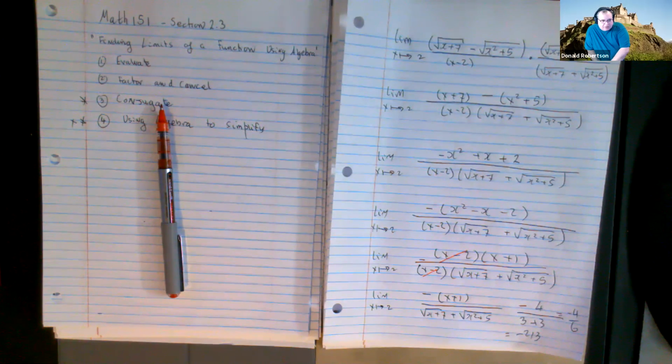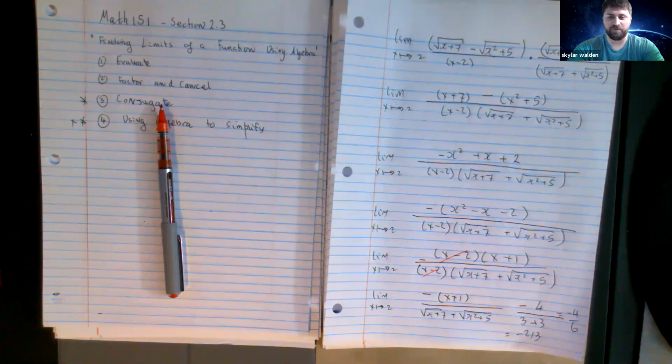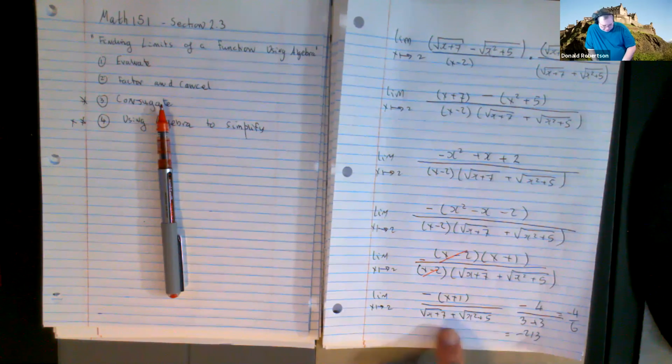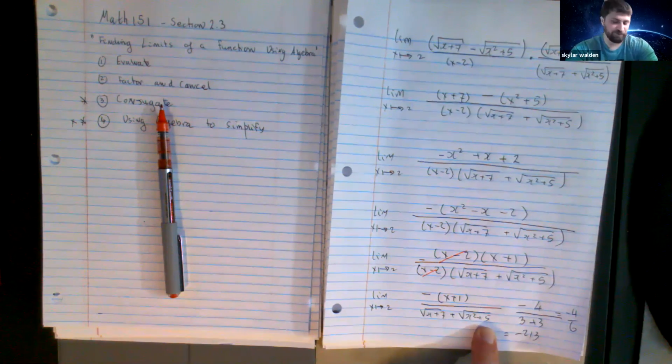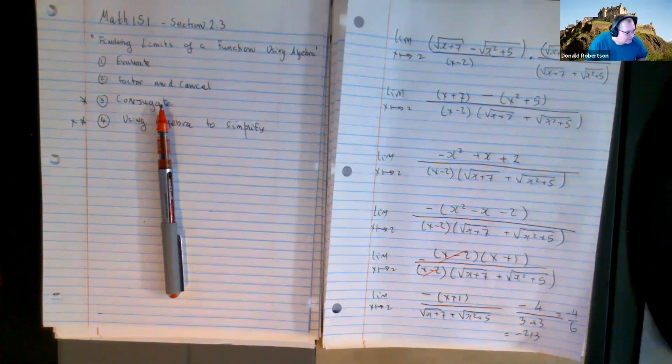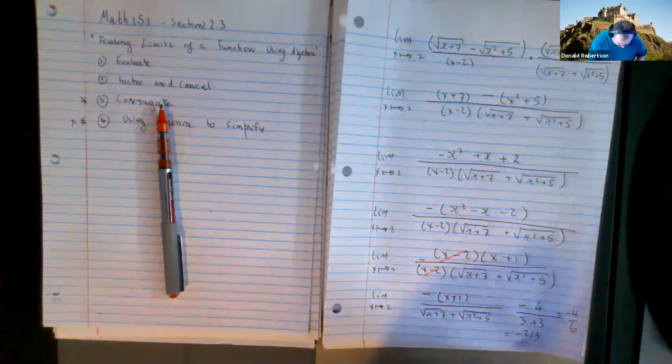Because on the bottom you have the square root of x squared plus 5. So wouldn't it be 3 squared is 9 then plus the 5? No, it's 2 squared is 4 plus 5 is 9. Oh, okay. It's not 3, it's 2.